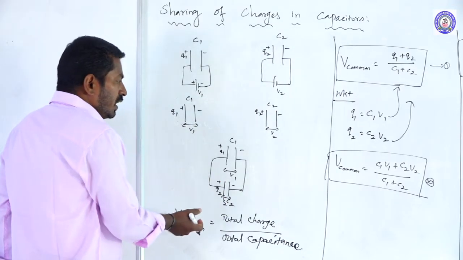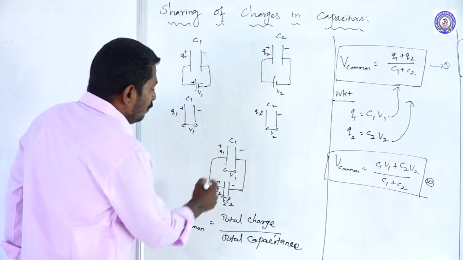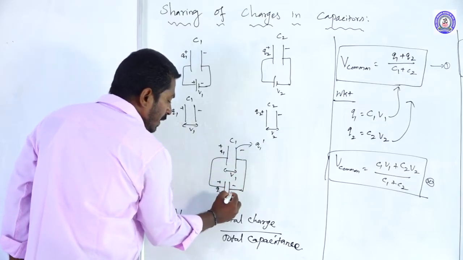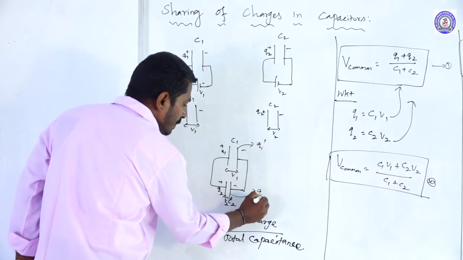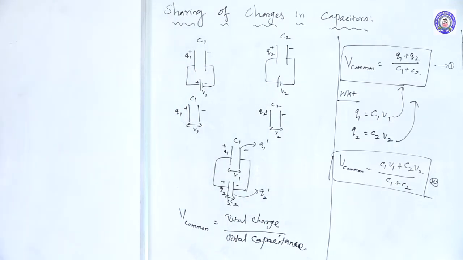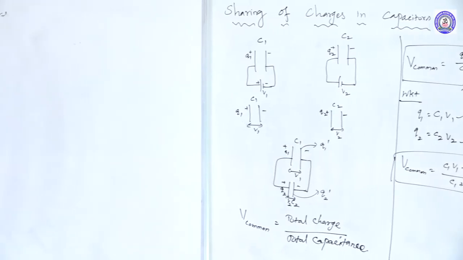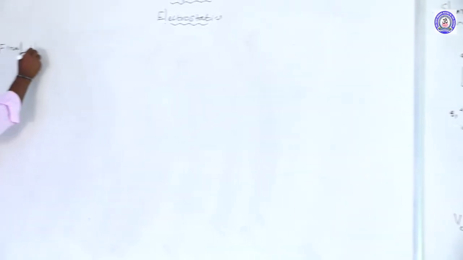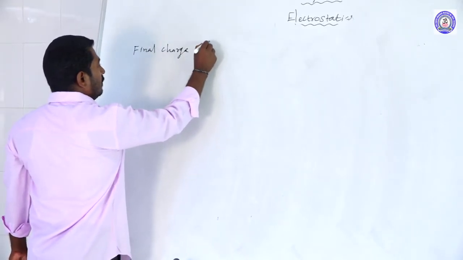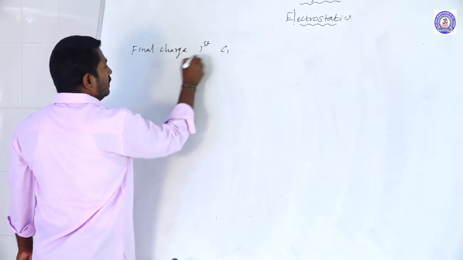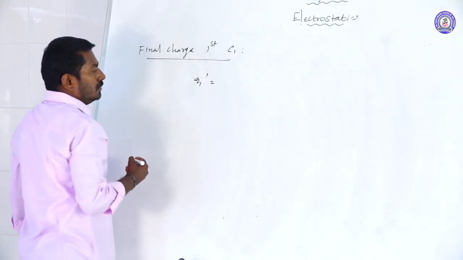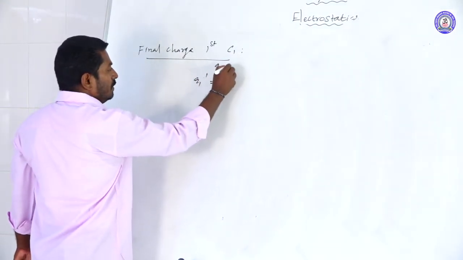So after distribution of charges, what is the final charge of the first capacitor, Q1 prime? Then what is the final charge of the second capacitor, Q2 prime? The final charge of the first capacitor, Q1 prime, is equal to, generally Q is equal to CV.